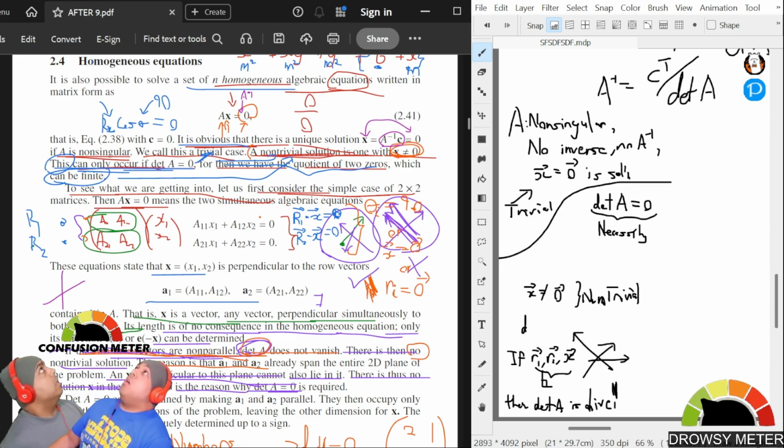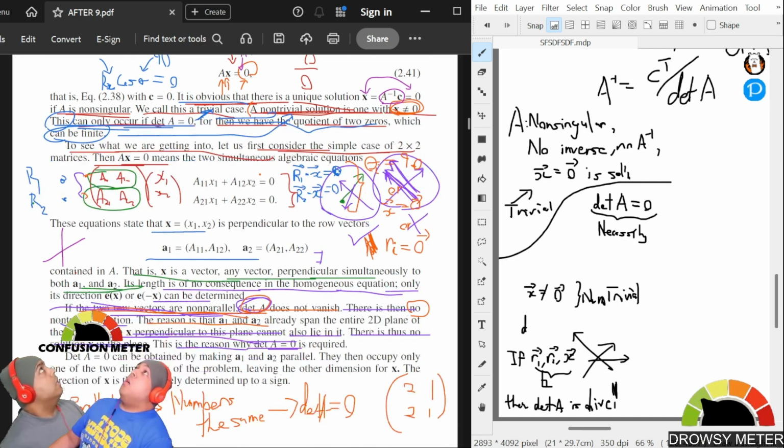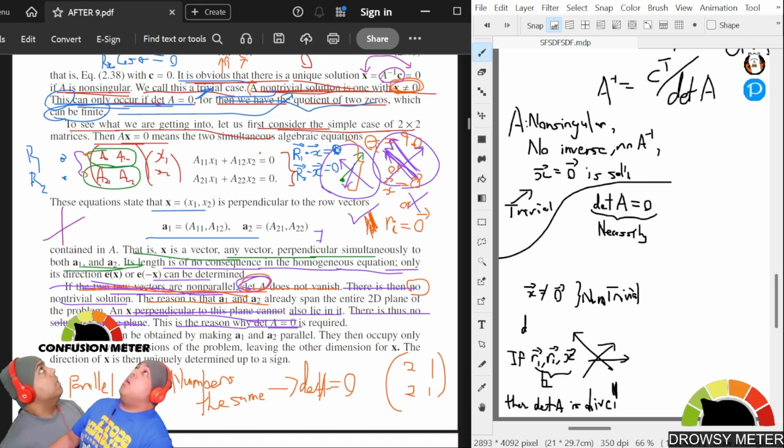Determinant A equals 0 means there's a non-trivial solution. If two are non-parallel, determinant A does not vanish, so there is then no non-trivial solution.